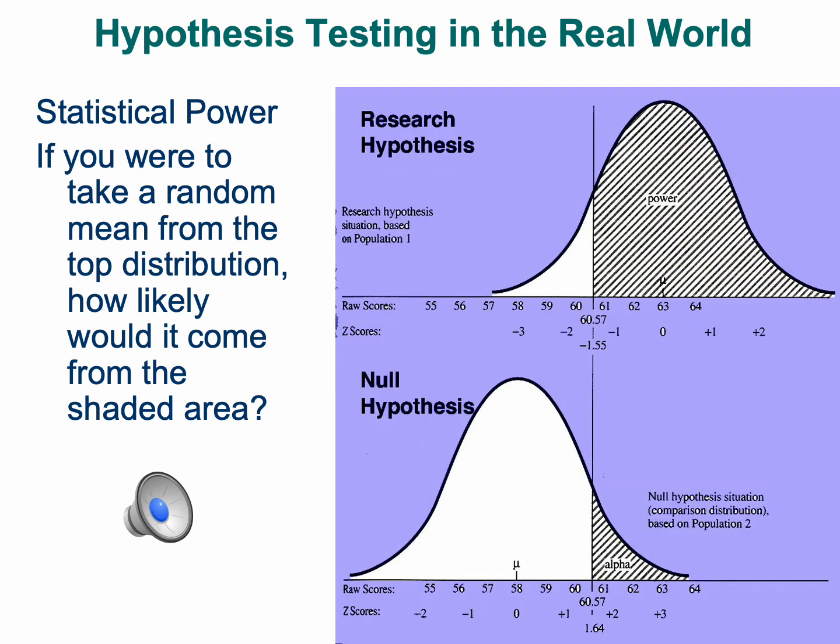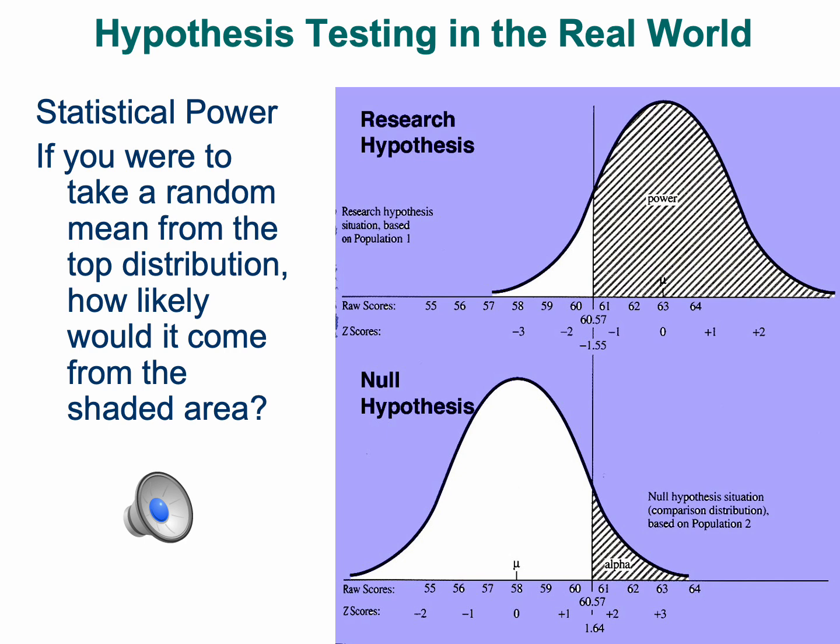Now here you see a very similar slide to the last one, except that the top distribution has been moved over further to the right. So when you do that, more area of the curve is now shaded. There are more values under the curve that correspond to the alpha level or the p-value. So now you're going to ask the same question. If you were to take a random mean from the top distribution, how likely would it come from the shaded area?